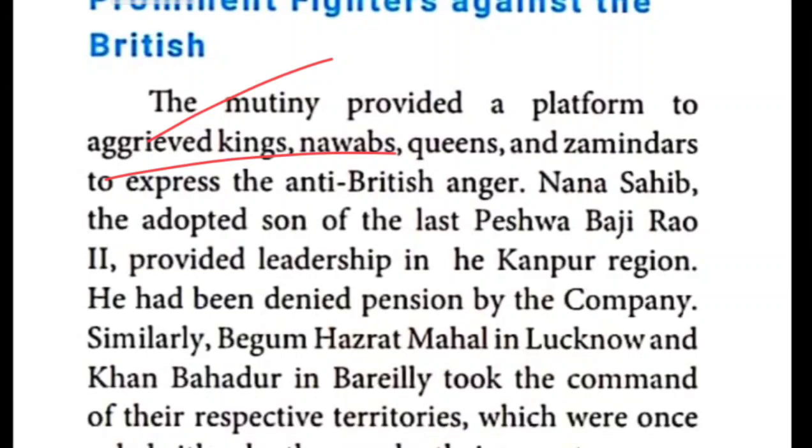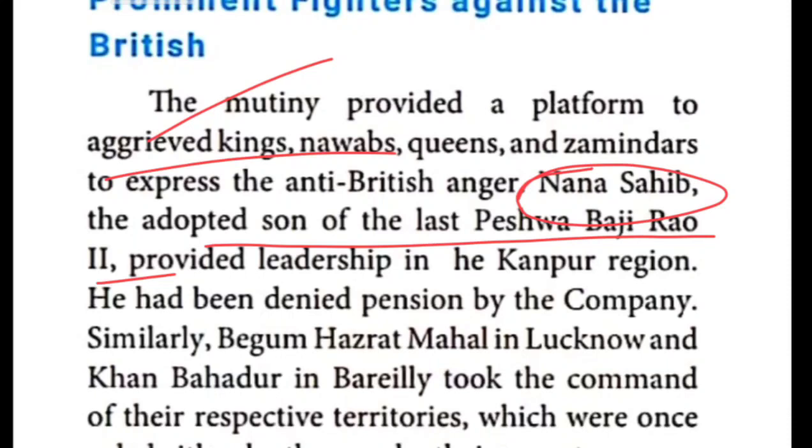He was the adopted son of Baji Rao II. For Nana Sahib, the British did not give any pension. What was the reason? He was the adopted son, they said.